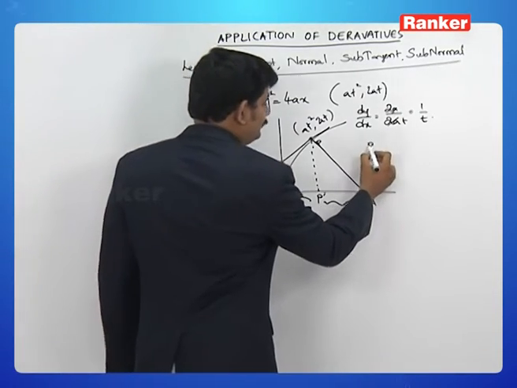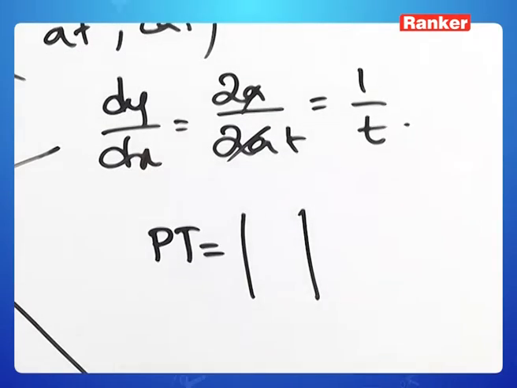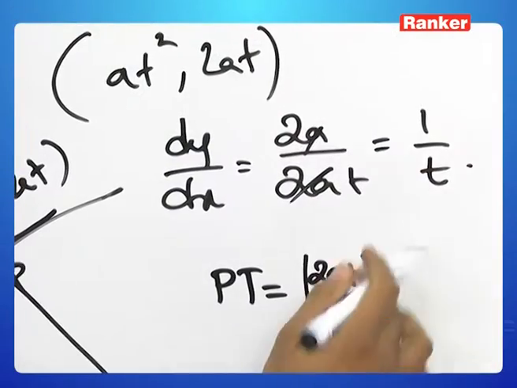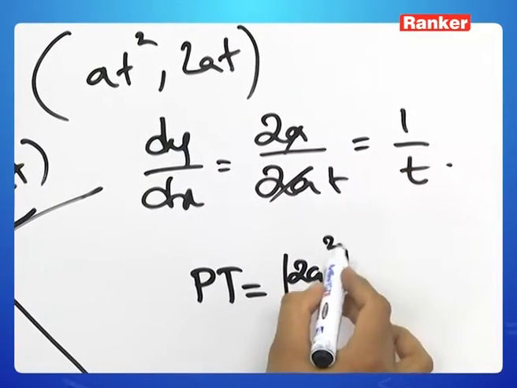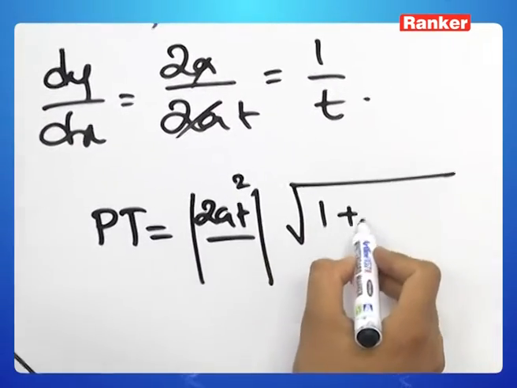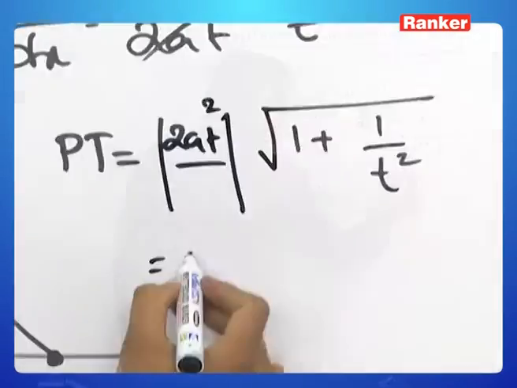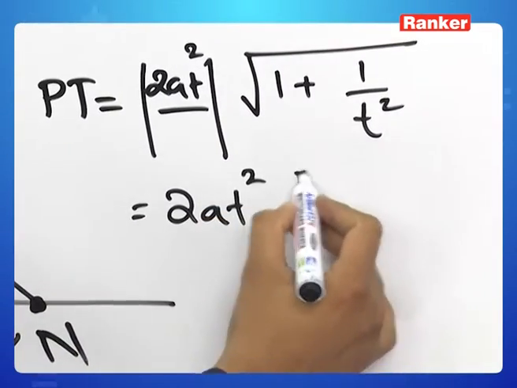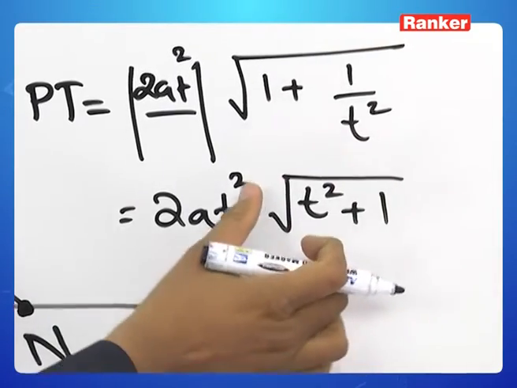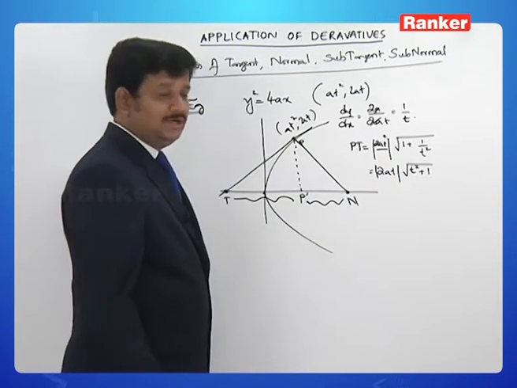Let us find PT, the length of the tangent. It is given by mod y1 by m, root over 1 plus m square. Mod y1 is 2at, by m, 1 by t, t goes up and becomes t square, root over 1 plus 1 by t square, which is nothing but 2at square, root over, take LCM, t square plus 1 by root t square is t gets cancelled, and because length has to be positive, let us put a mod.